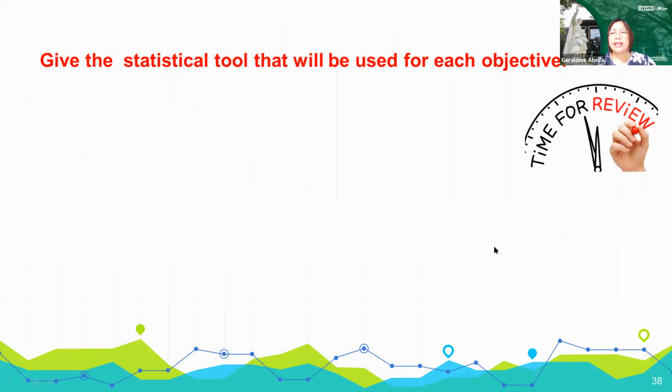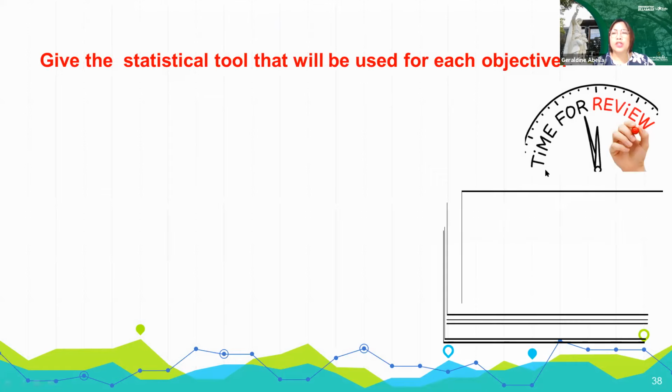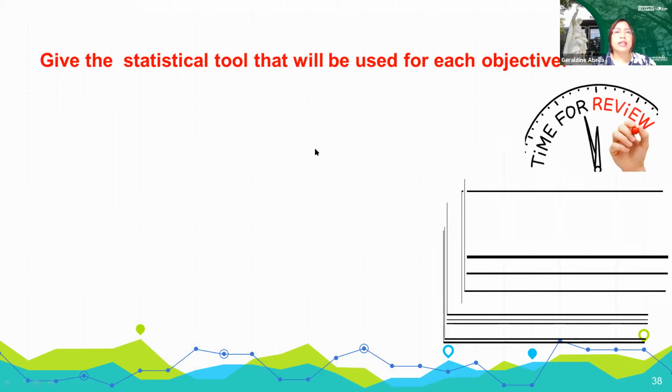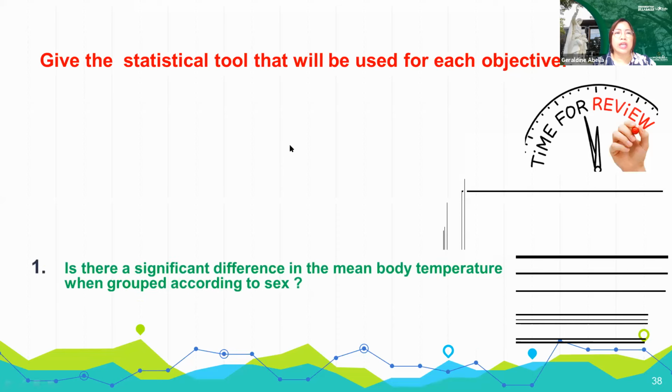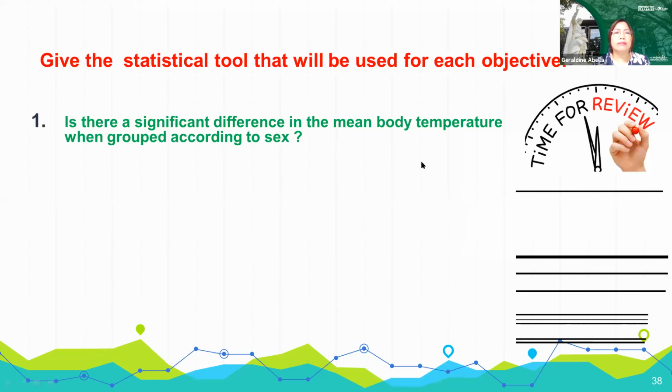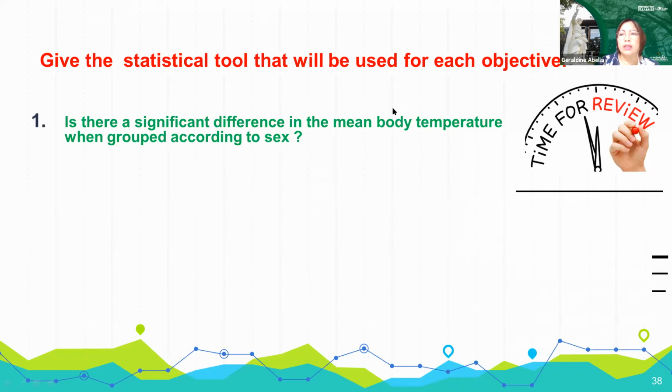Okay, so this is my last exercise, and this is the last part of my presentation. To check if you have learned something from this presentation, you just send your answer in the chat box. Give the statistical tool that will be used in answering each objective. Number 1, is there a significant difference in the mean body temperature when grouped according to sex? What statistical tool will be used to answer this objective?